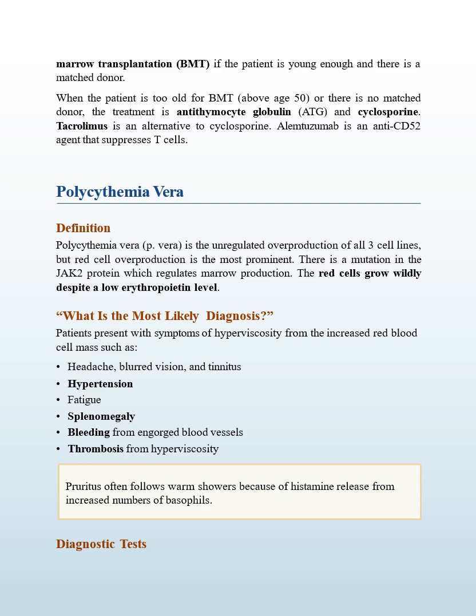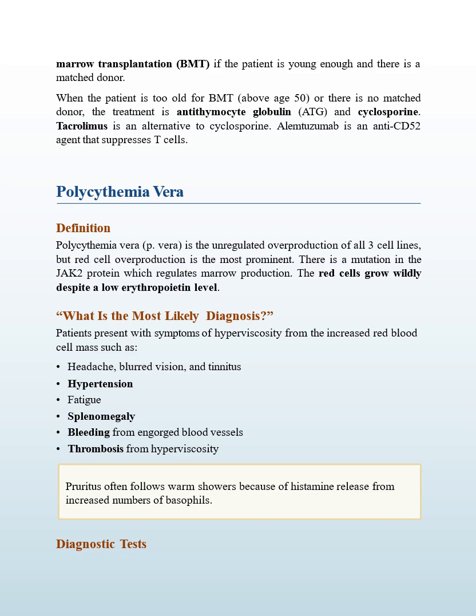Splenomegaly. 5. Bleeding from engorged blood vessels. And 6. Thrombocytosis from hyperviscosity. Also, there is pruritus, which follows warm showers because of histamine release from the increased number of basophils.